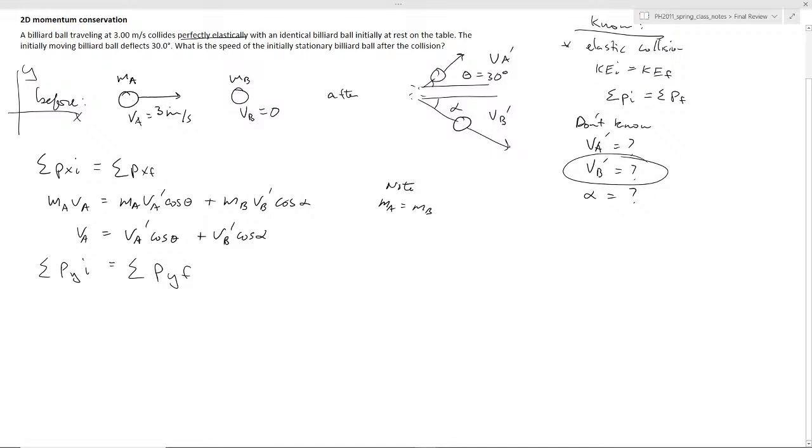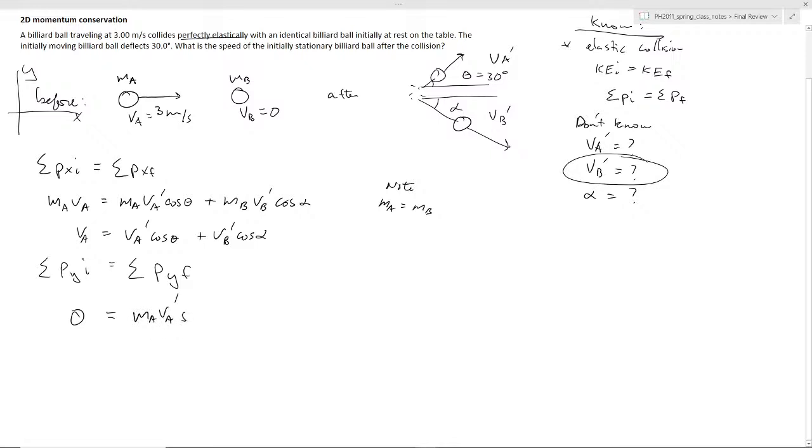So in this direction, there is no momentum in the y direction to begin with. So 0 is going to equal MA VA prime.